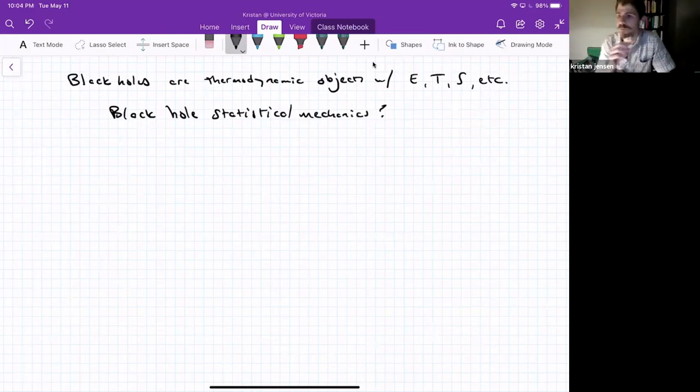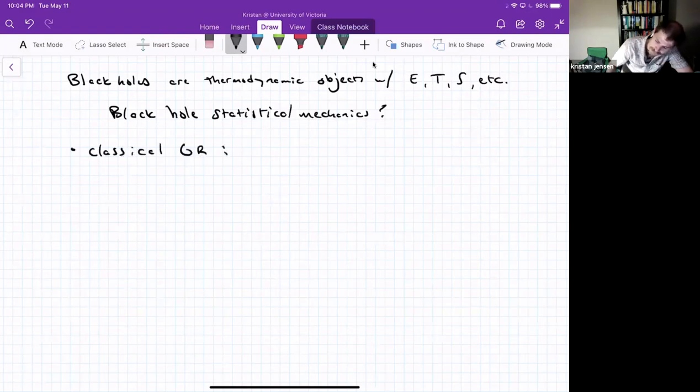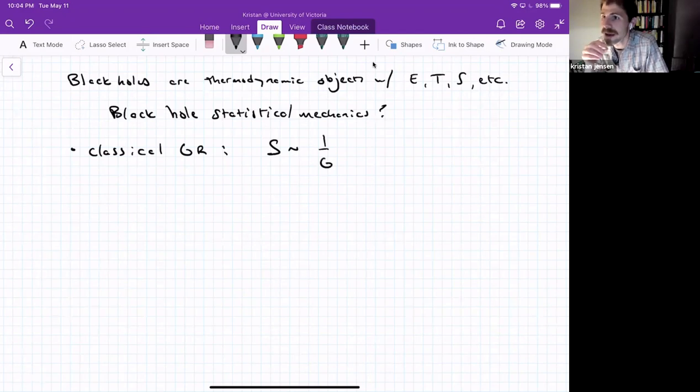And this question was impossible to address in classical general relativity. In classical GR, the entropy of a black hole goes like 1 over g Newton, where g Newton is very, very small. So the entropy is non-perturbatively large in g Newton.